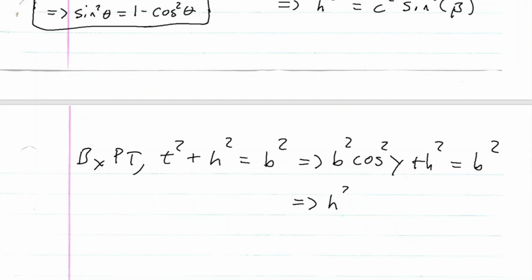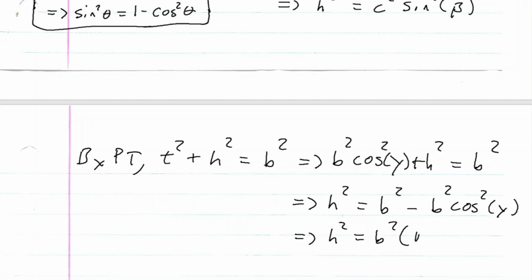This implies that h squared is equal to b squared minus b squared cosine squared y. Let me put a parenthesis around that. And then this implies that h squared is equal to b squared times (1 minus cosine squared y).